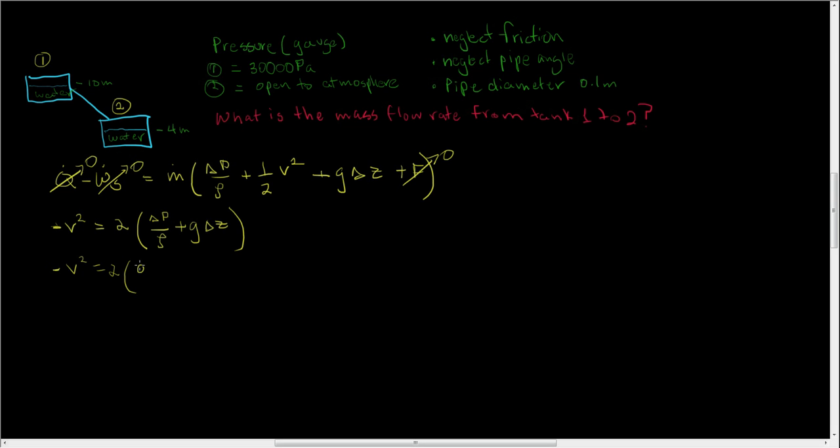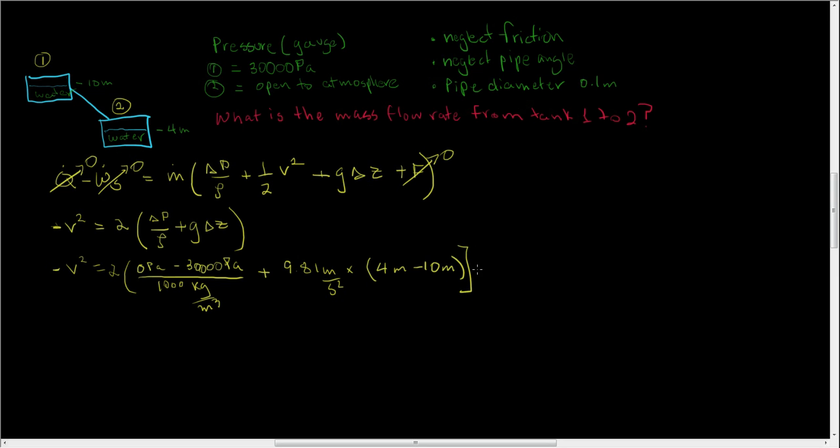So we get 0 pascal minus 30,000 pascal over the density of water, because we stated that it is water inside the tank, which is 1,000 kilograms per cubic meter, plus g, which is 9.81 meters per second squared, the acceleration due to gravity, times the change in height, which in this case would be 4 meters minus 10 meters.